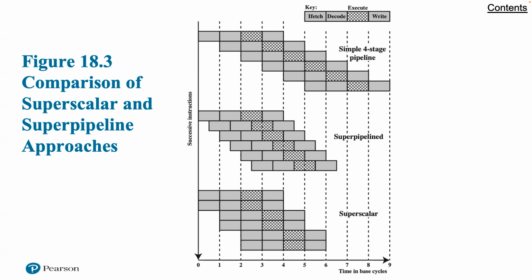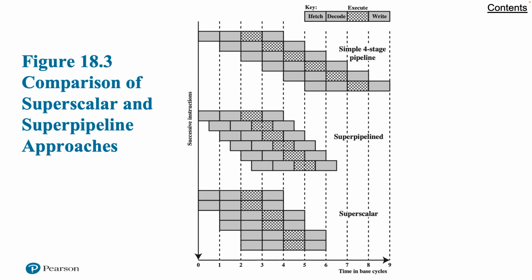It is working on more instructions at the same time. The use of a very deep, very high-speed pipeline for instruction processing is called superpipelining. We have seen one example of this approach when we talked about the MIPS R4000.